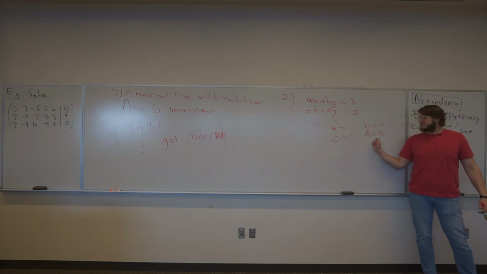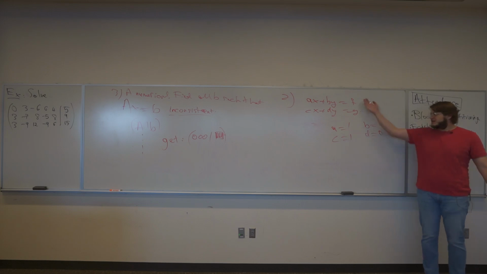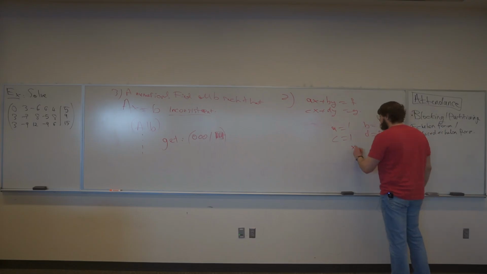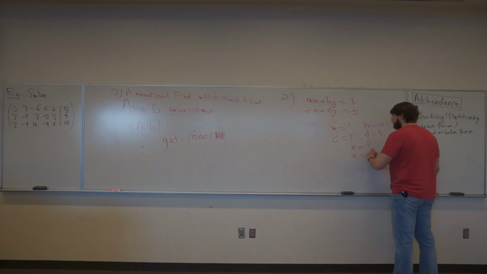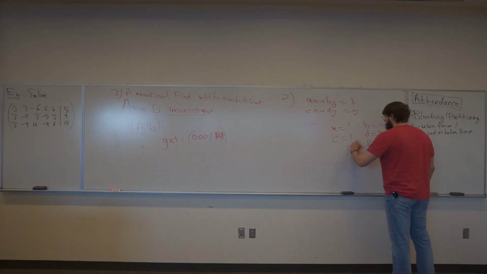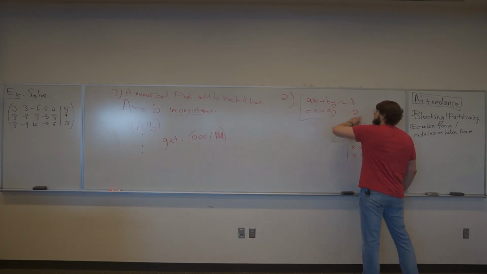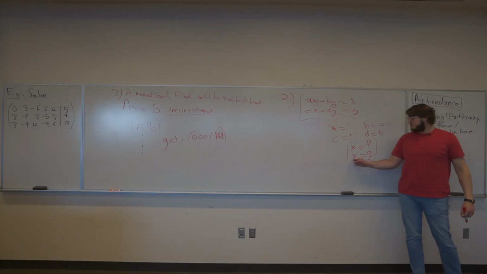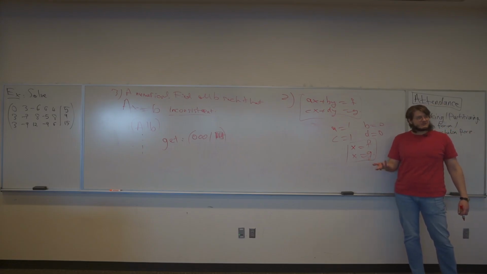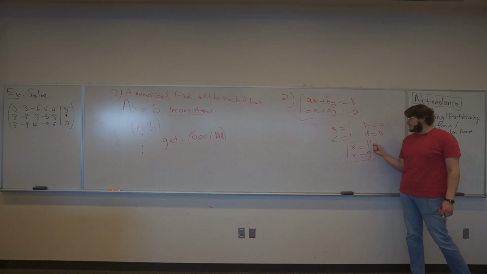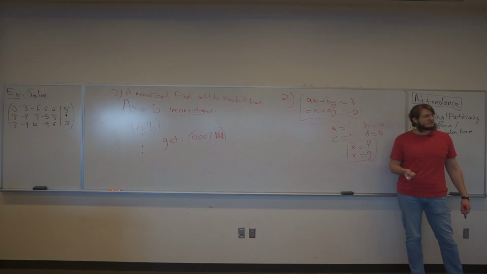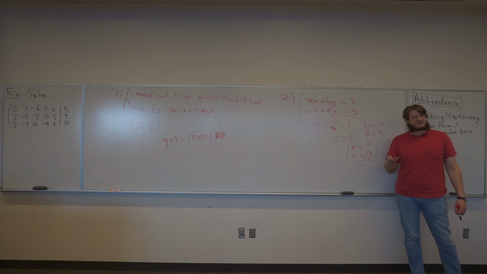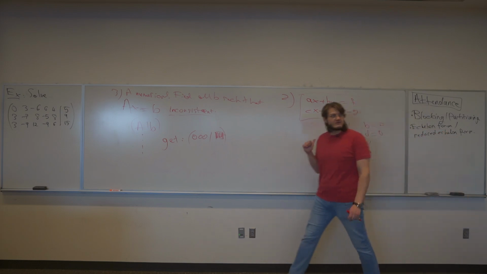Because for these specific numerical values of A, B, C, and D, this system reduces to x equals f, x equals g. But then this system does not have a solution for all f and g's. It's kind of bizarre to say, but if I were to, for instance, plug in f equals 1, g equals 0, this has no solution now. It's kind of backwards in a sense. Does this make sense?